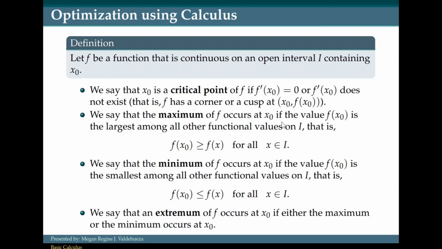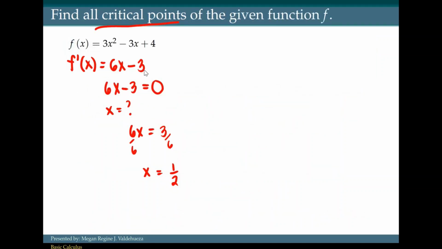And the other way of finding a critical point is that if the derivative of the function does not exist. But since the function is a polynomial, then it is continuous everywhere.